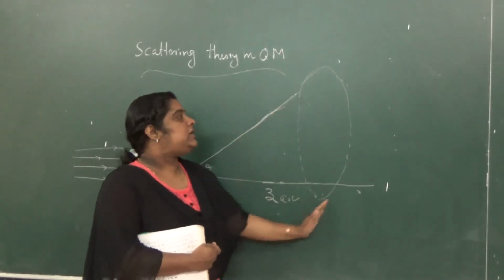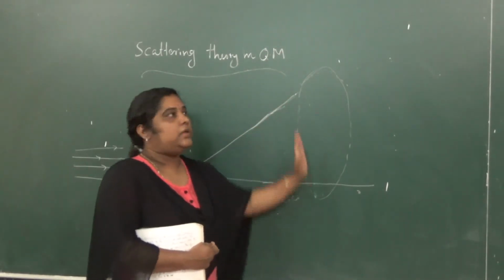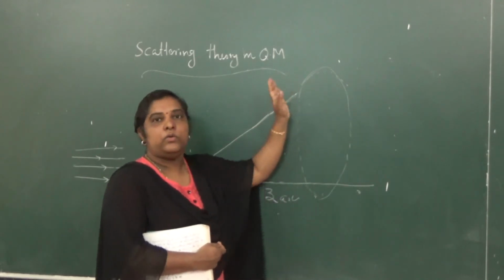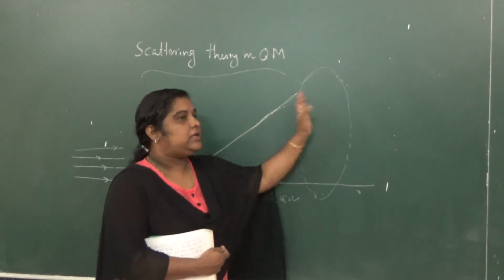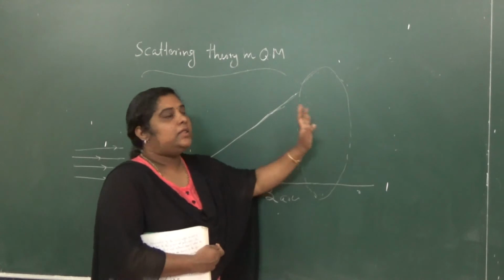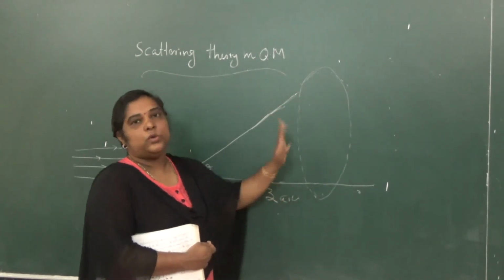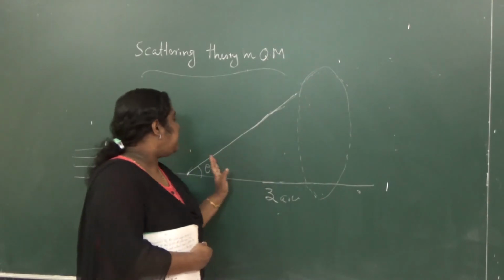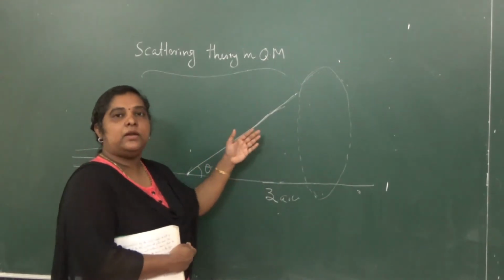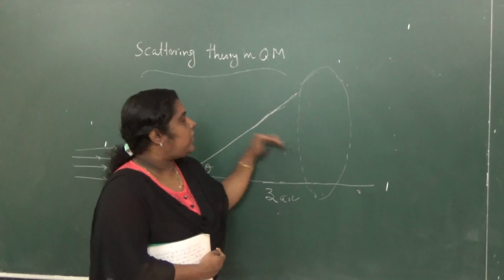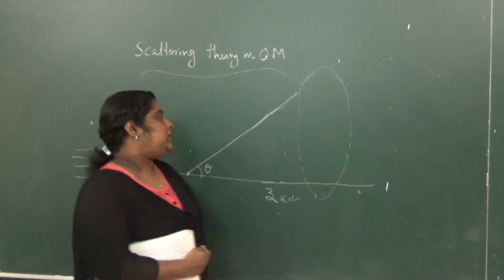If you change theta in all directions to get the scattered particles, at the same time you have to change phi also. Phi is the azimuthal angle in the spherical polar coordinates we are using.